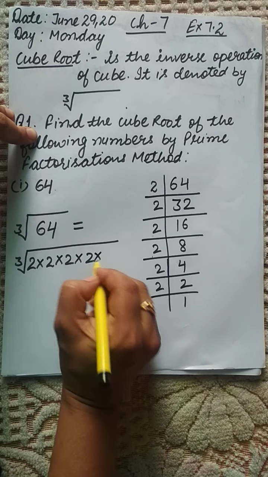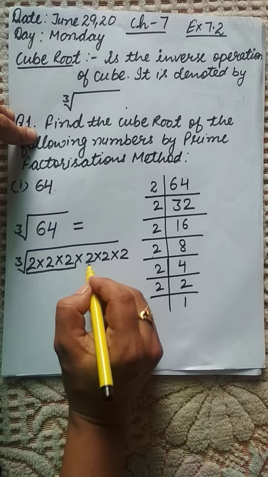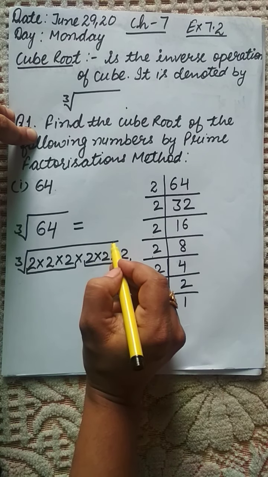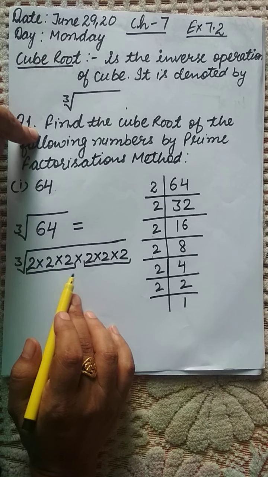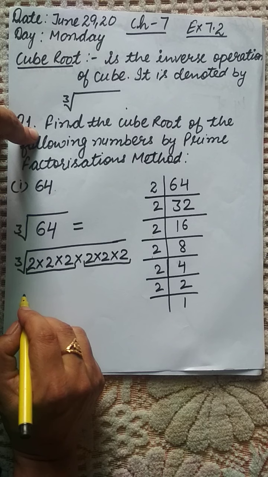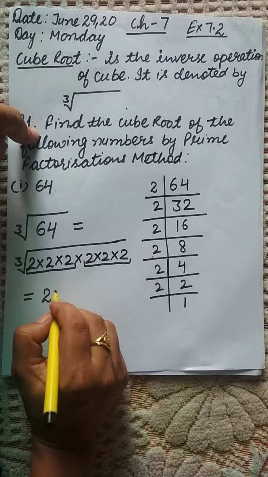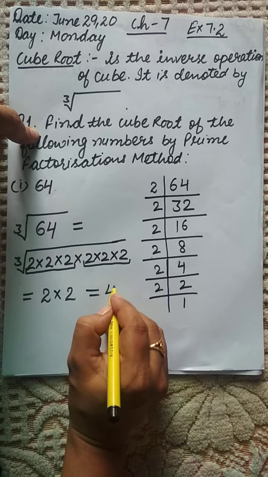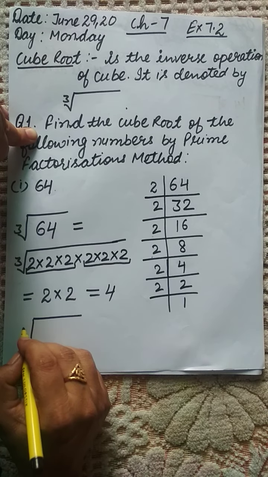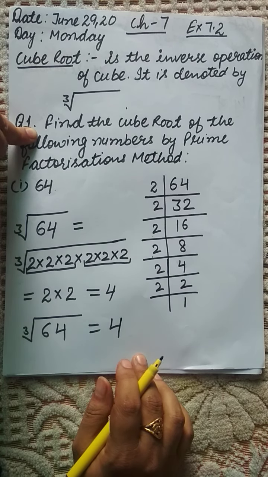So now I will make the triplets like this. As you did in the square roots, we were making the pairs. Here I will make the triplets, and out of one triplet I'll write 1, 2 here, and out of this triplet I'll write next 2 here. So 2 2's the 4, or you can say that the cube root of 64 is equal to 4 is the answer.